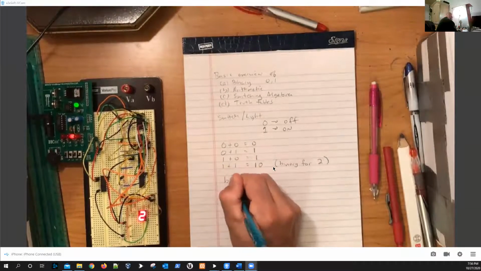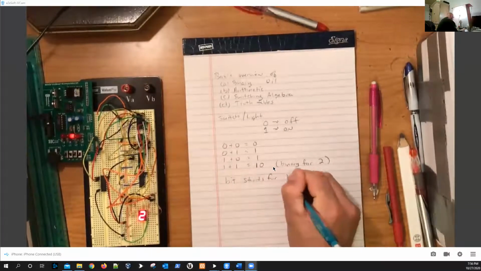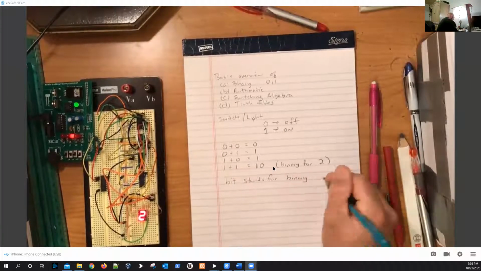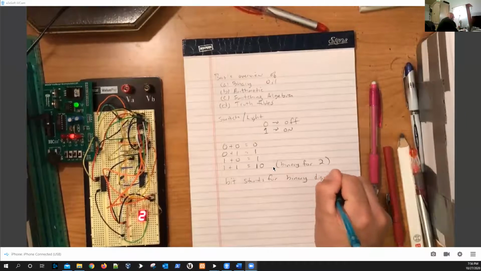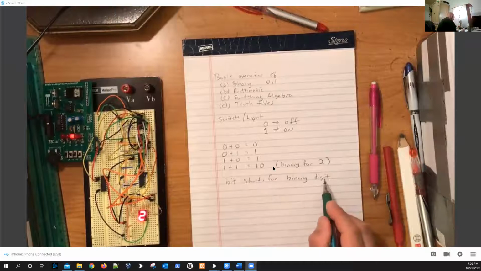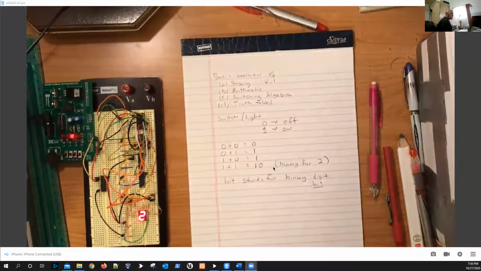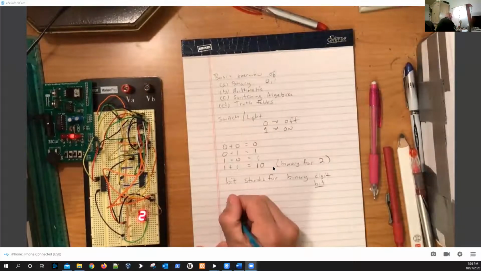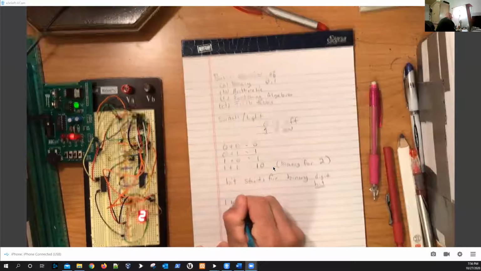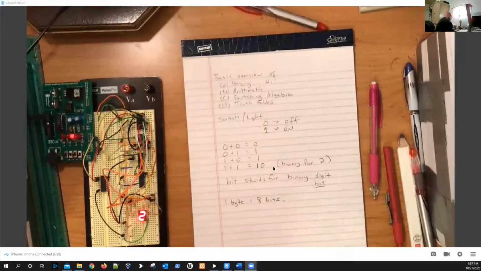Just also, bit stands for binary digit. So they cut out everything in the middle here and took B-I-T to make bit. You may have heard of a byte. 1 byte equals 8 bits.